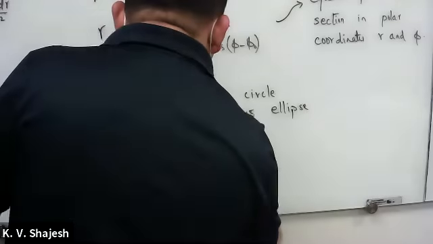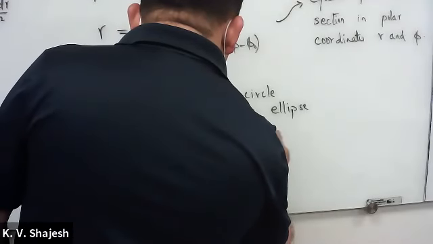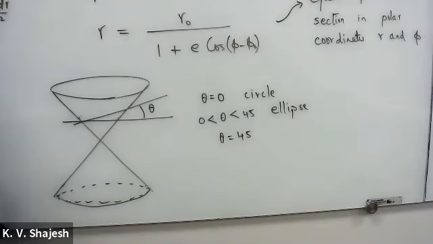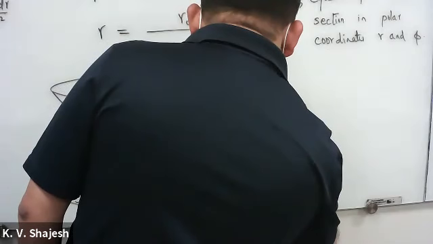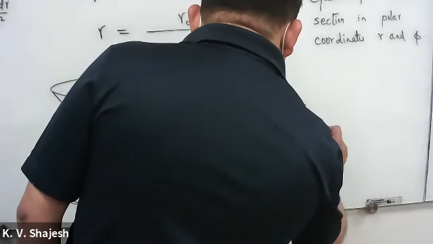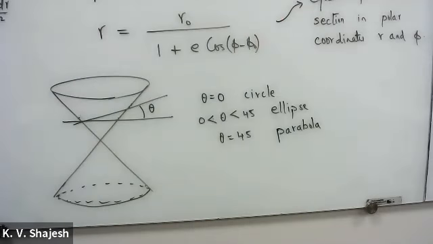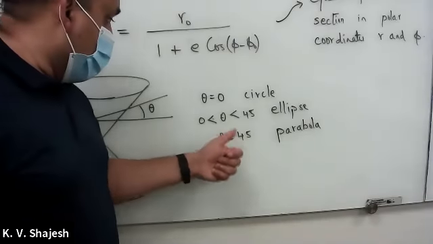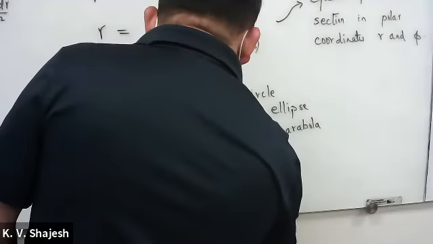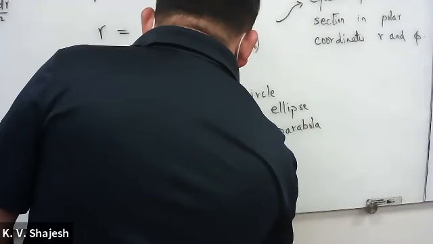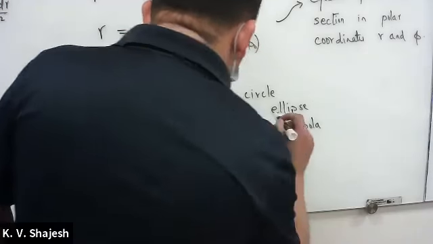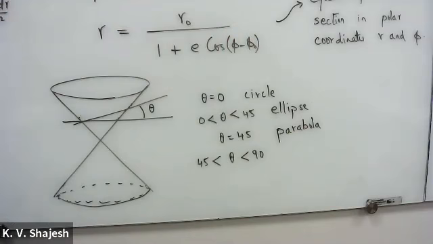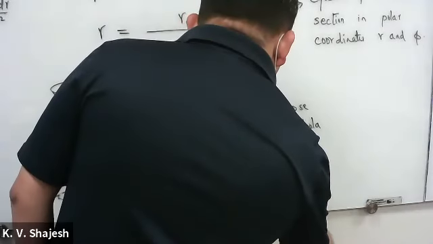And if it is exactly 45 degrees, it turns out to be a parabola. And if I increase it further, if theta is greater than 45 degrees and less than 90 degrees, then this is a hyperbola.